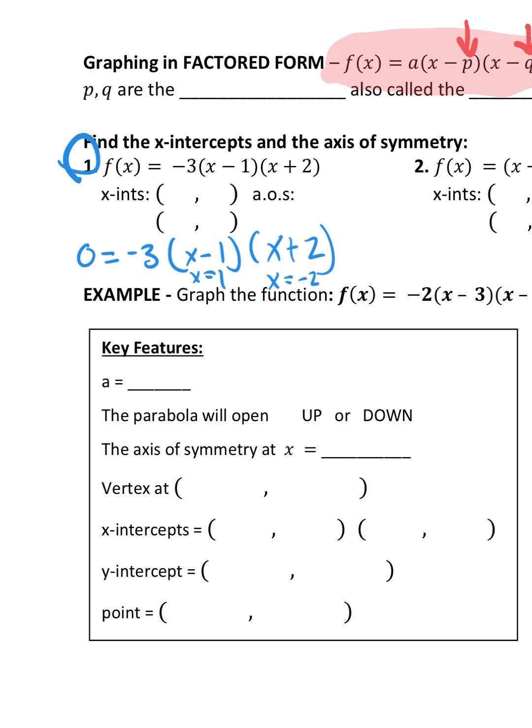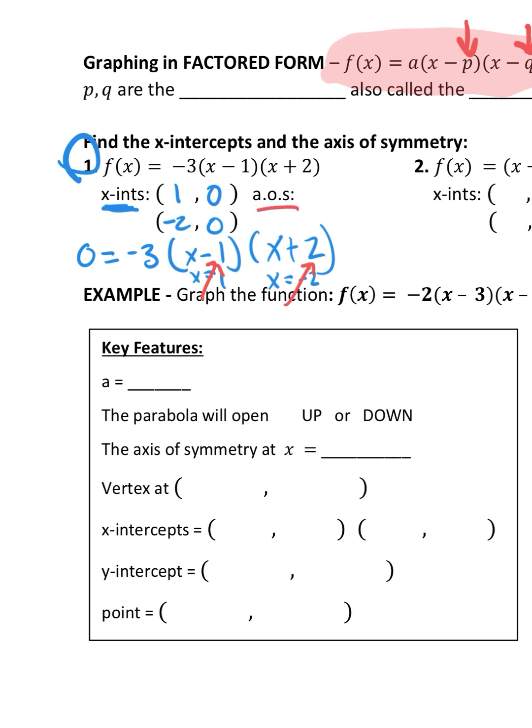So what are the coordinates for the x-intercepts? Well, that would be (1, 0) and (negative 2, 0). And so now we can calculate what the axis of symmetry is. Remember what we said. If we take this term right here and this one, and we add them together and then divide by 2, we can find out what the axis of symmetry is.